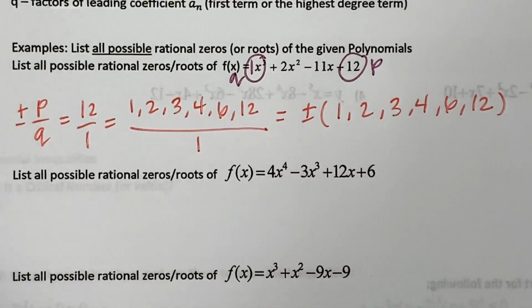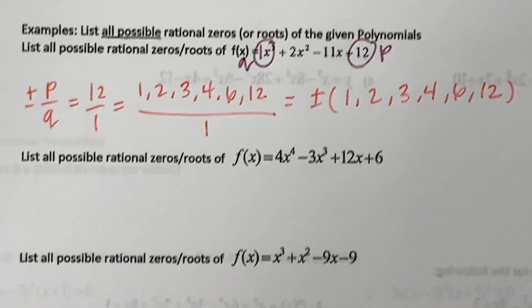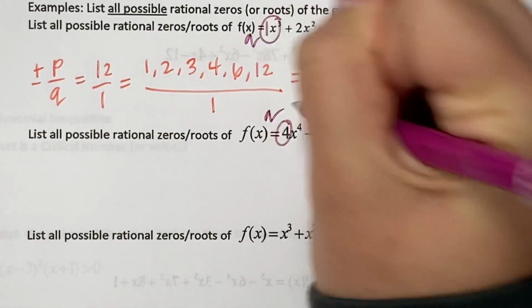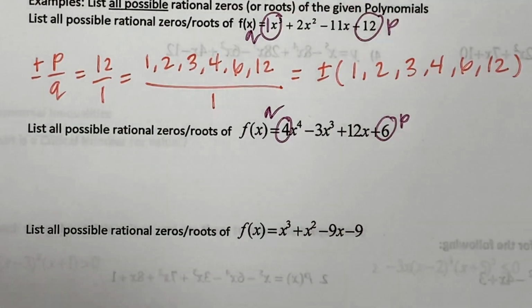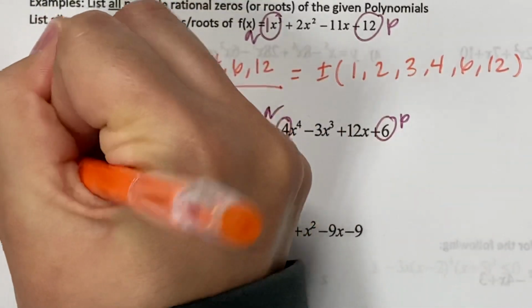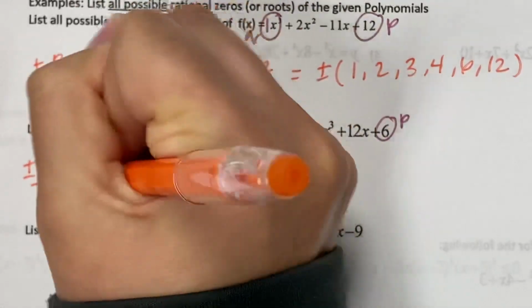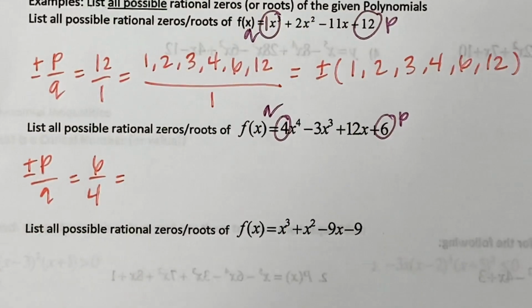Cool, let's do another one. Okay, number 2, here's P, here's Q. So let's do plus or minus P over Q, so that's 6 over 4. Let's list out the roots.